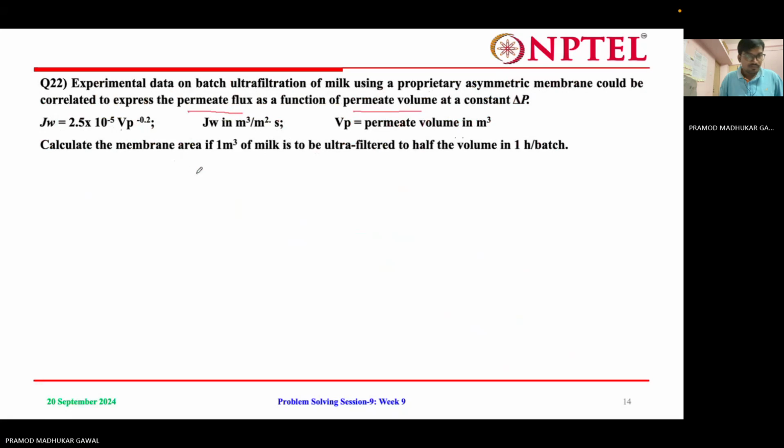So the flux JW equals 1 by AM dV by dt. Permeate flux is a function of the permeate volume. Now rearrange it: dVp by dt equals AM JW.